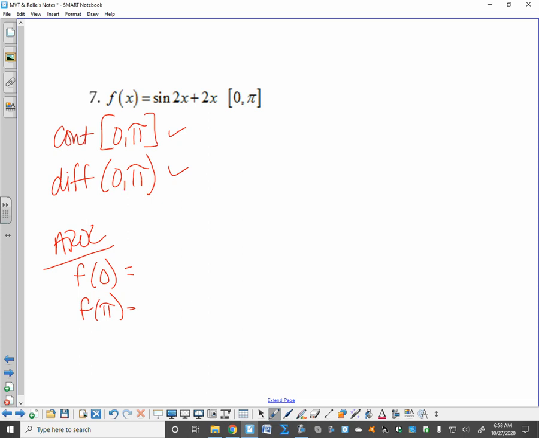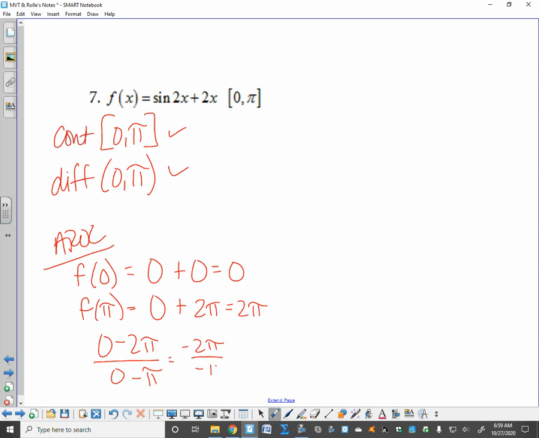So let's see, sine of 0, y value, that's 0, plus 2 times 0, sine of 2 pi, it's all the way around, y value is 0, 2 times pi is 2 pi, so then y minus y over x minus x. So negative 2 pi over negative pi, which is 2. So there's my m. Good notation.